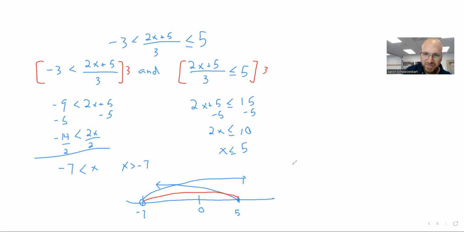So from negative 7 to 5. If I want to write it again as a compound inequality, so 2 inequalities in one, I can take the two x's and squish them together to make one in the middle. So this functionally means x goes from -7 to 5. If we want to talk interval notation, which will come up later in this, we're looking at that. Okay, that is section P.3.